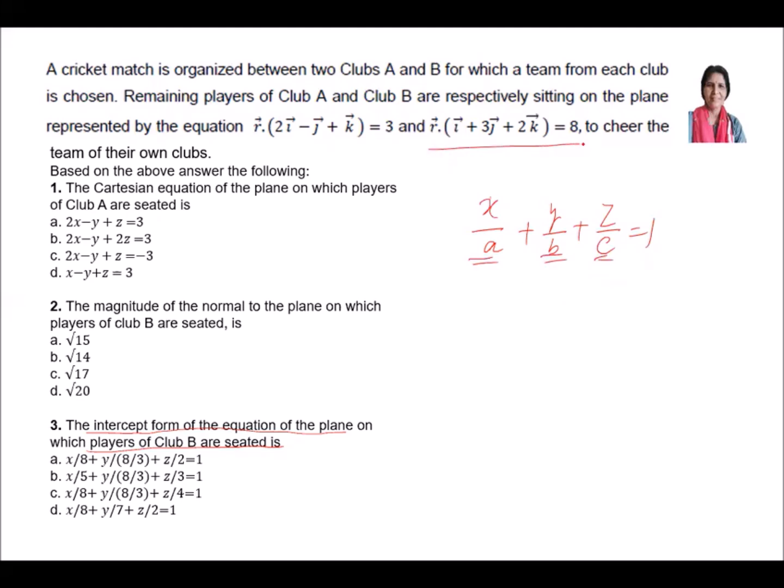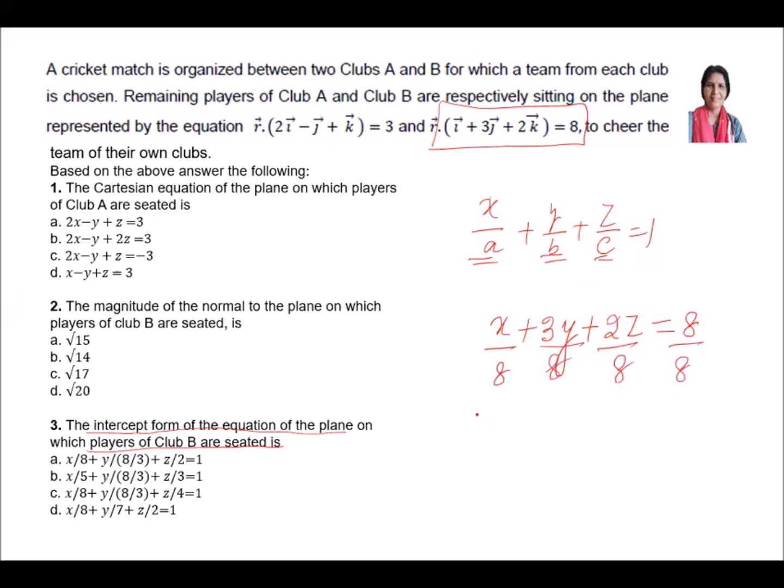So if we take the B plane, it will be x plus 3y plus 2z is equal to 8. So you have to make the right side 1.